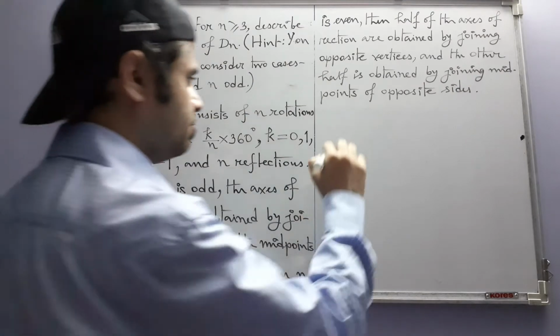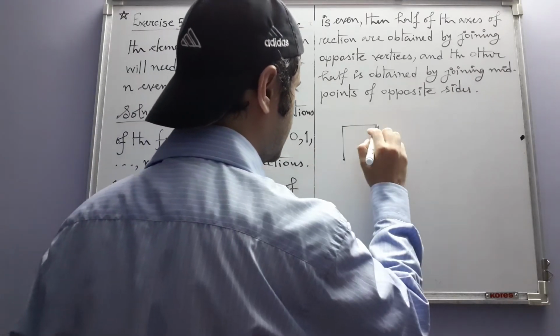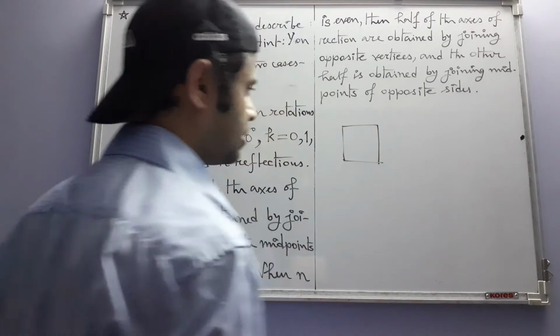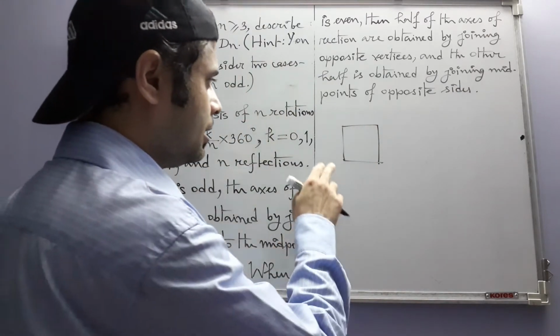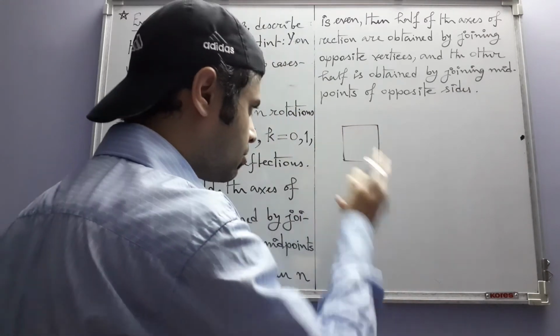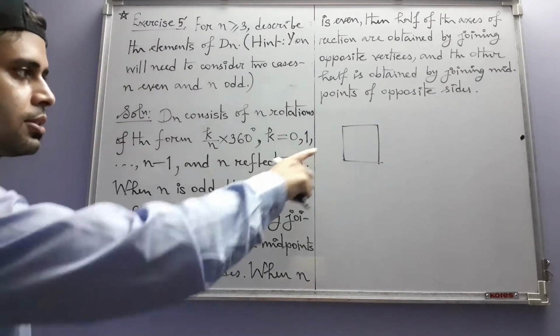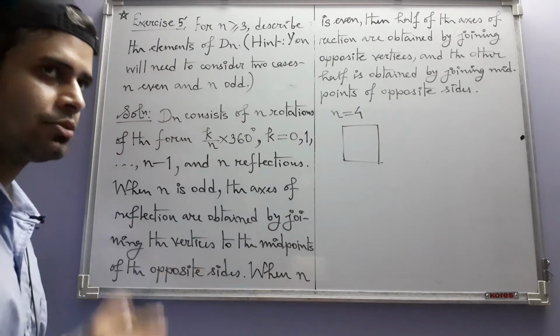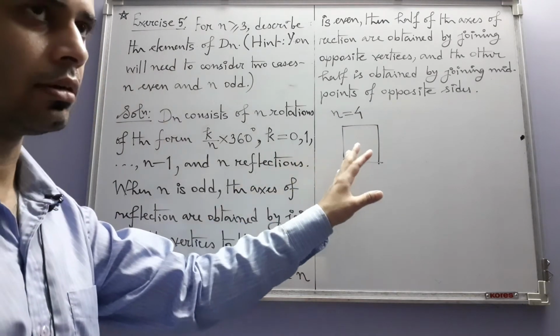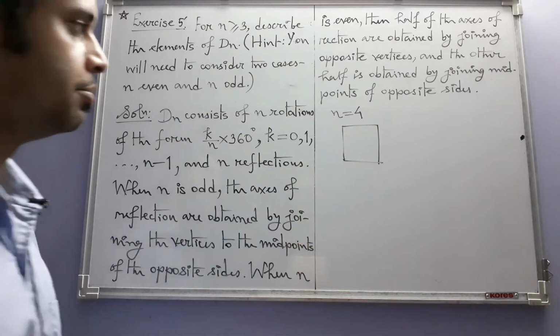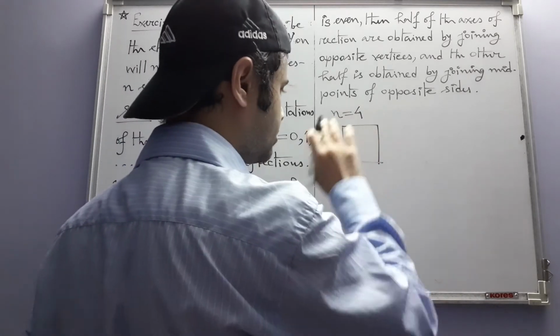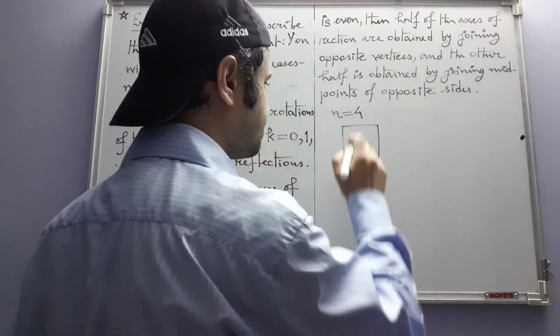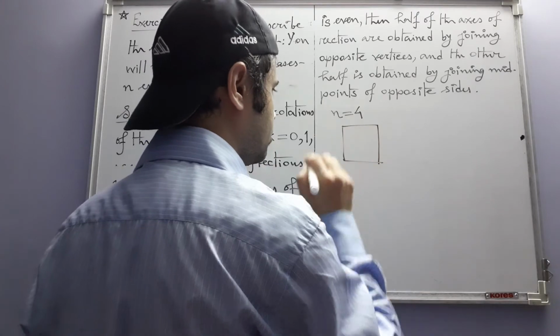For example, we have already seen the case of a square in the text. It has 4 rotations because the value of n is 4. One of those rotations is through an angle of 0 degrees, so it does nothing, and the other 3 rotations are there.